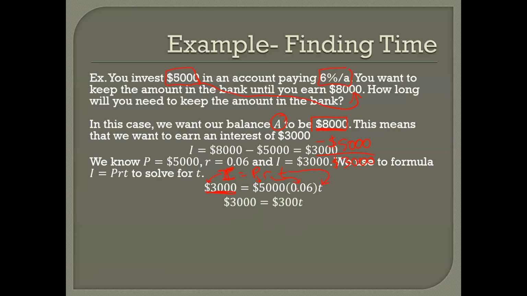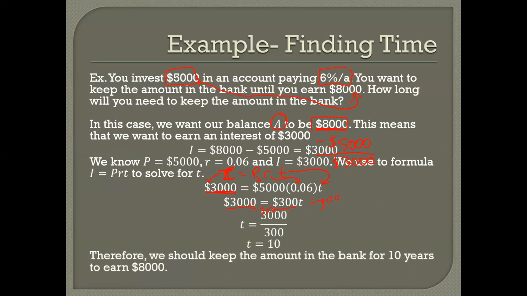Well, we know that 5,000 times 0.06 is $300. And of course, 300T is equal to $3,000. Then we simply isolate for T by dividing by 300 on both sides. This gives you T is equal to 3,000 divided by 300, which is 10. So that means it's going to take you 10 years to earn $8,000.